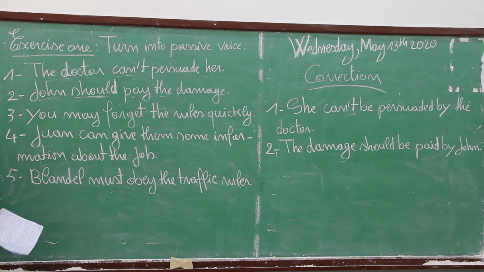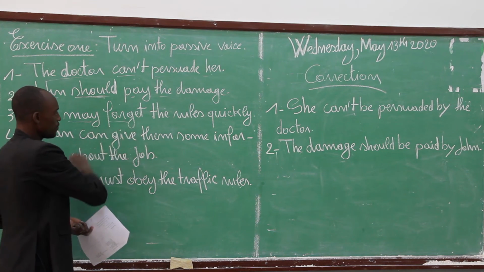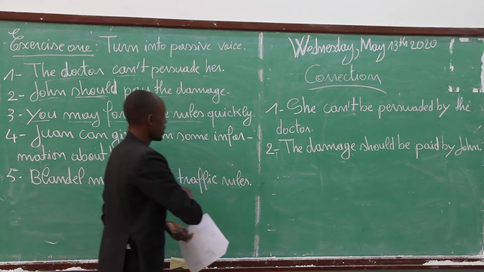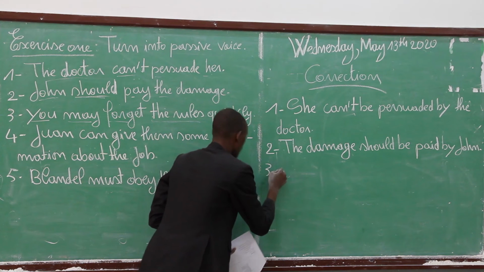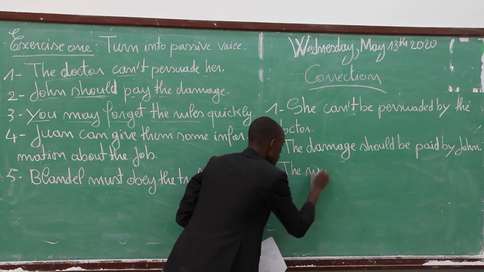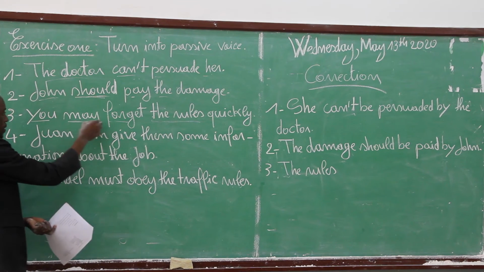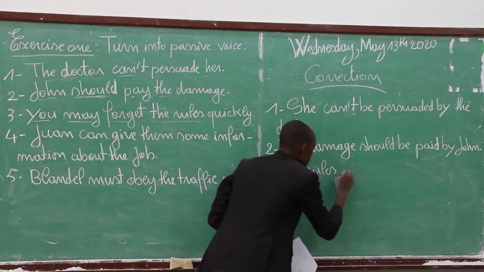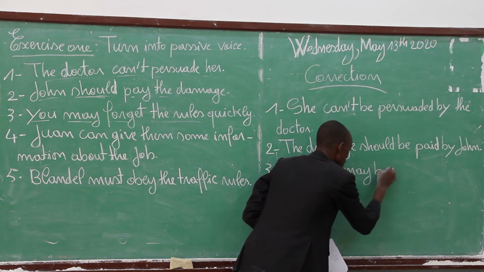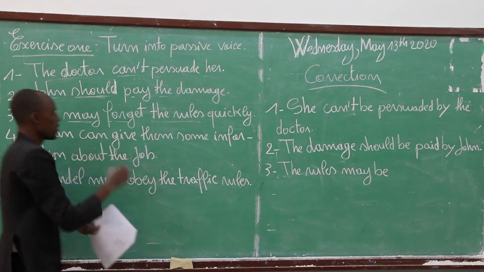And the third one, we have subject, modal, main verb in infinitive, and this is the object, the rules. We take the modal, may, and after the modal we have be, followed by the past participle of the main verb, forgotten.